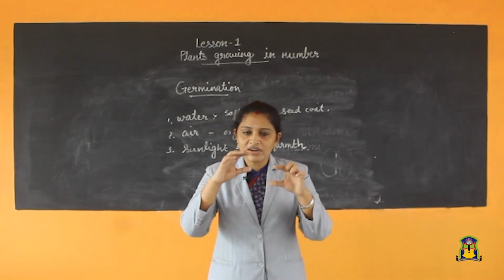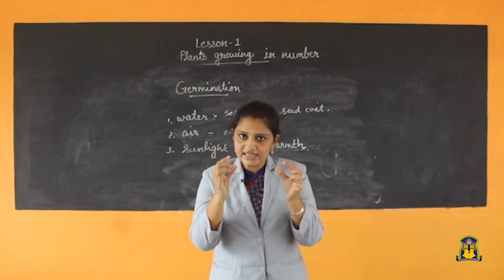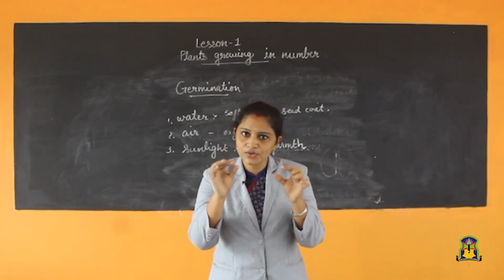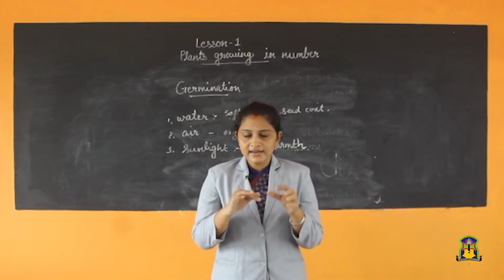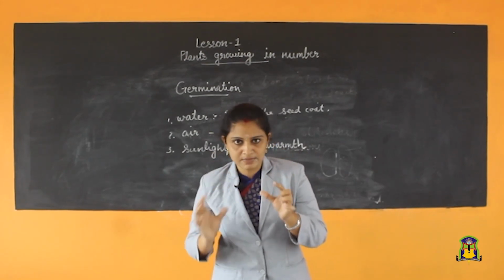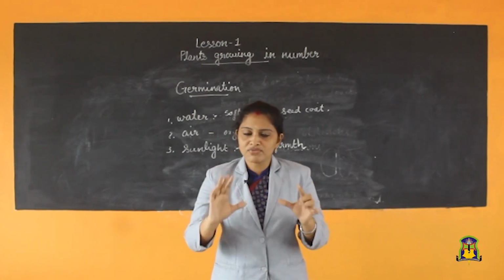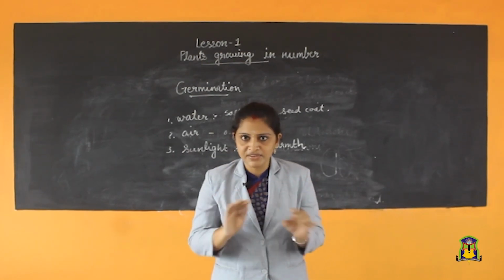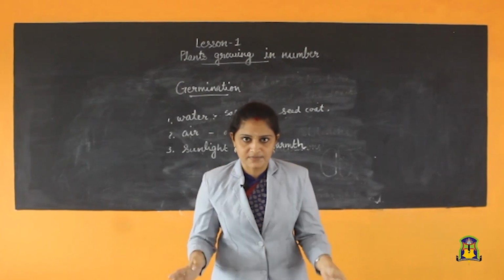Okay. Then when the two leaves start to form, the green leaves will start to make their own food. So, then these leaves will prepare the food for that baby plant. Then what will happen? Almost all the food stored in the cotyledon may be finished. So, the cotyledons may shrink and disappear.